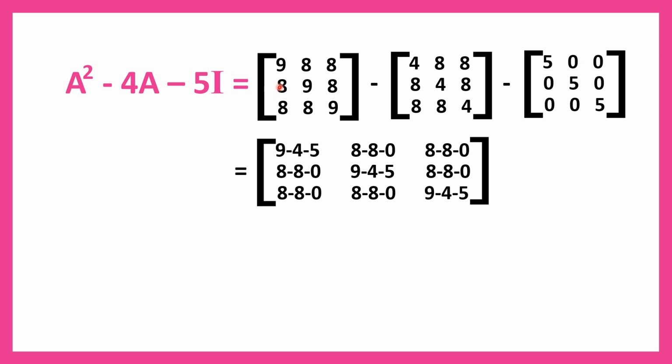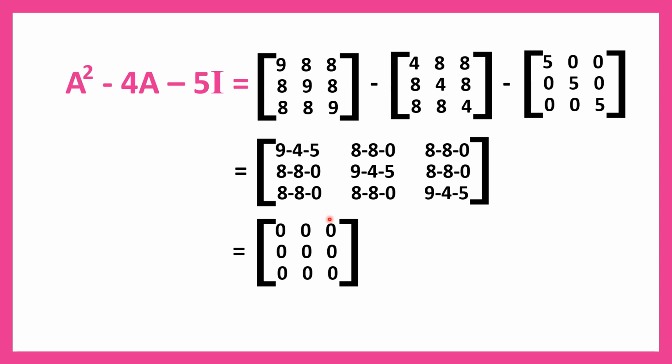Then coming to the second row, 8 minus 0, that is this element. So we have to consider the same position in all the three matrices, and thus we get the answer as a matrix of 0 0 0 0 0 0 0 0 0, that is equal to 0.